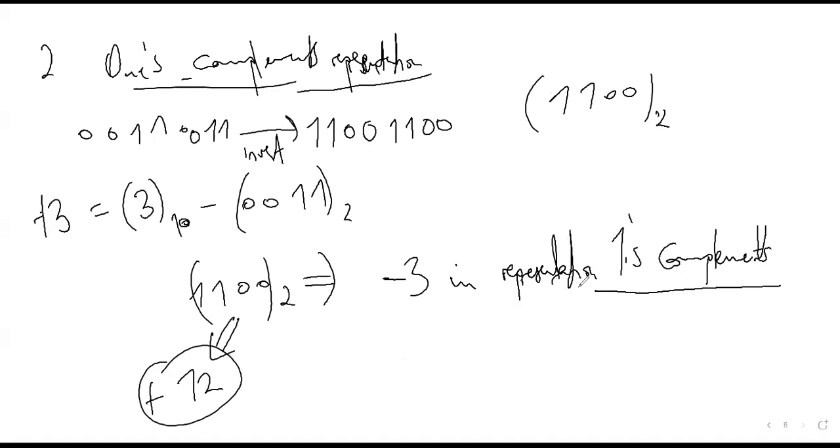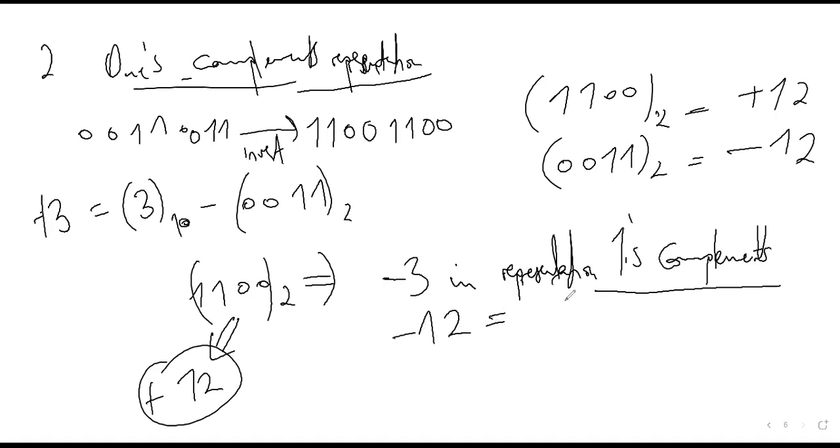The negative numbers are found by taking the one's complement. How do you take the one's complement? You invert all the numbers. So if I invert here, I get 0, 0, 1, 1. This is negative 12. Negative 12 is equal to positive 3 in one's complement. 12 is equal to negative 3 in one's complement.